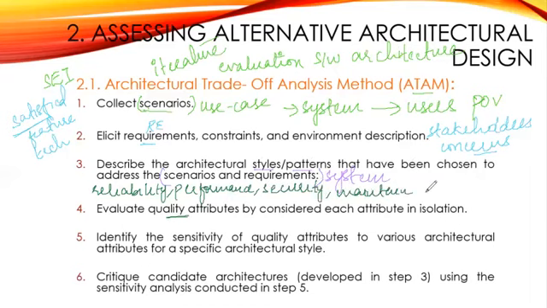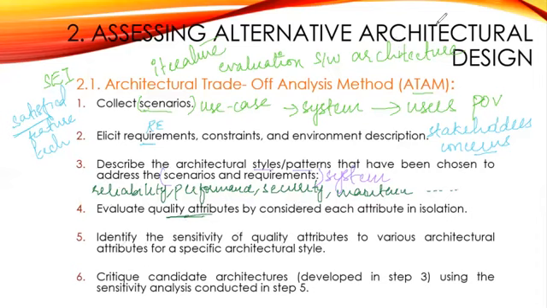It can be flexibility, testability, portability, reusability, interoperability. So these are your different quality attributes. You're going to evaluate all of them, whether the system that you're developing is reliable or not, whether it gives the best performance, whether it is secure enough, whether the components of the system can be reused or not. All these things are going to be evaluated.